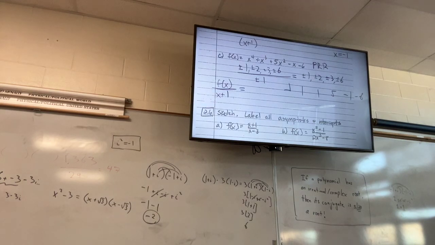Put -1 in my crow's nest. So that equals x cubed plus 5x minus 6.